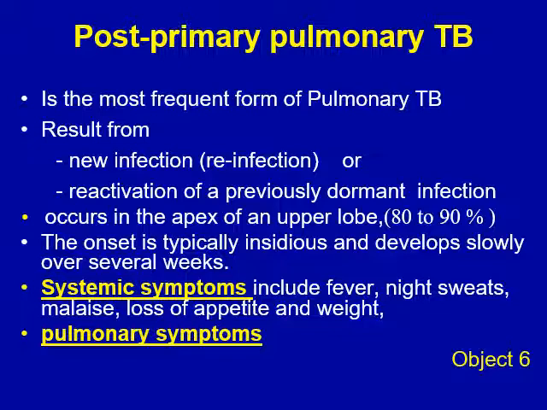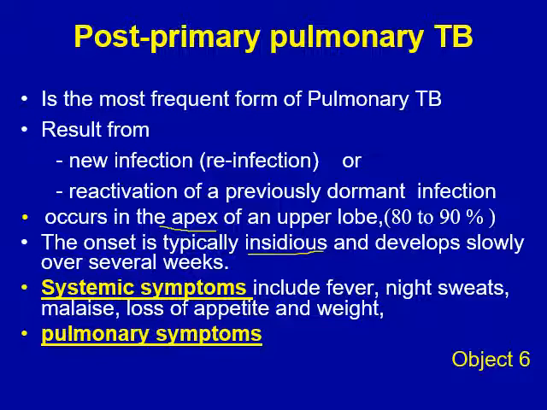The lesion here mainly occurs in the apex of the upper lobe. 80% to 90% occur in the apex of the lung. The onset is usually insidious and develops slowly over several weeks.